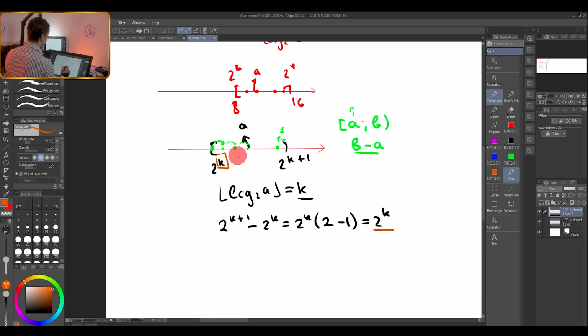And we know that the amount of integer numbers here is 2 to the power of k. 2 to the power of k summands. Each summand is k. What is the total sum of these values that belong to this interval? It will be obviously k times 2 to the power of k. And this is it.